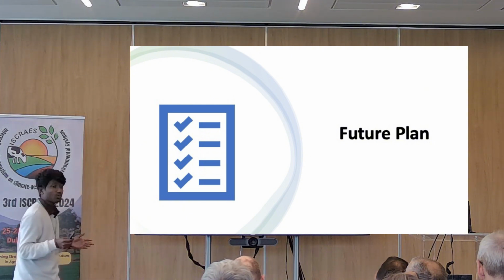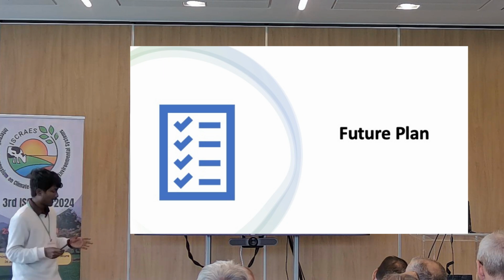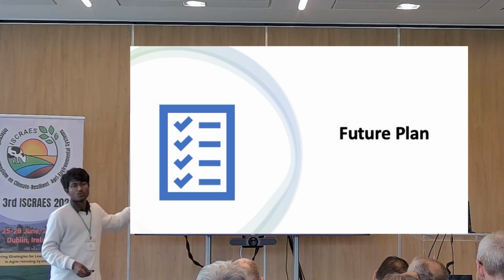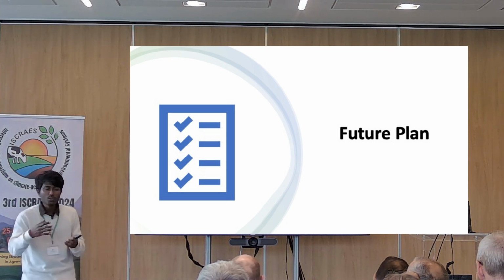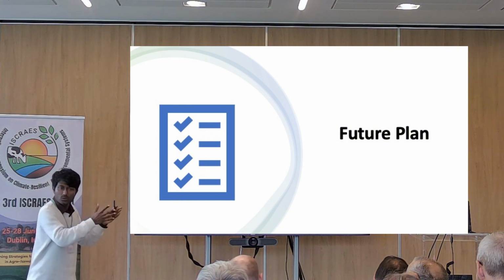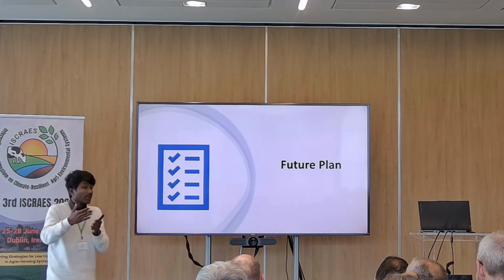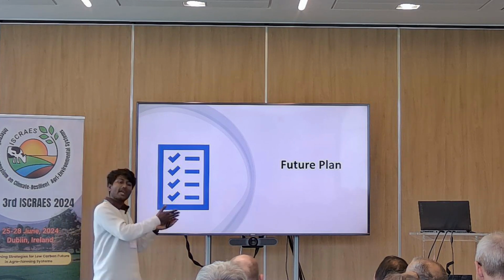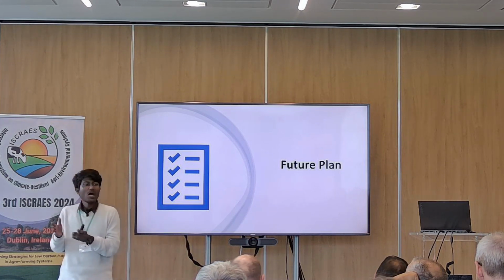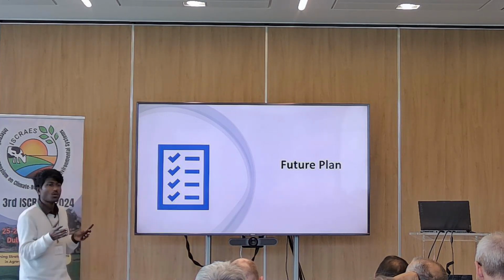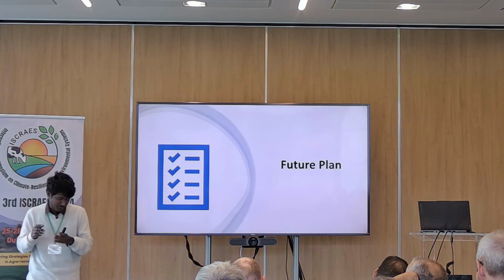So we have a plan to integrate AI into our system, like 10% agroforestry, 20% agroforestry. We want to take all the inputs into the system, then the system will suggest, okay, if you plant 20% agroforestry, then your farm will be carbon neutral, based on your farm-specific data.